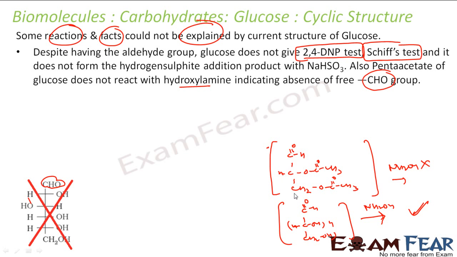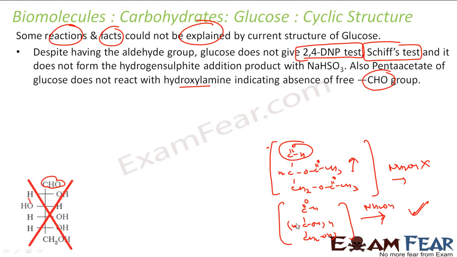That means this structure is not correct. There has to be something else. And this was clearly telling that there must be a cyclic group here, and this aldehyde is not free. Because had this aldehyde been free, had this been the correct structure, this reaction would have taken place. Correct?